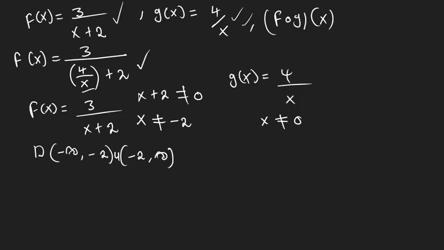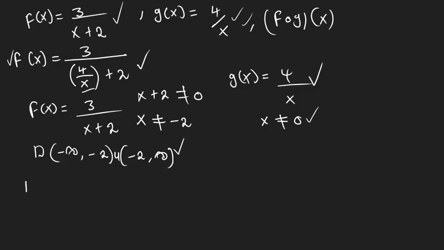So already, if I put this into f of x, these are the values that I should never have, because if I have these values, I am going to make the function undefined. So if I combine everything, I'm going to put it in other mathematical terms, set builder notation, if I want.